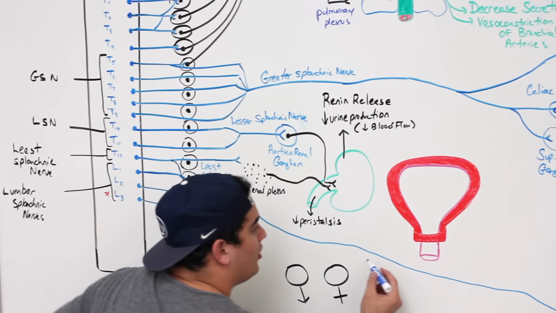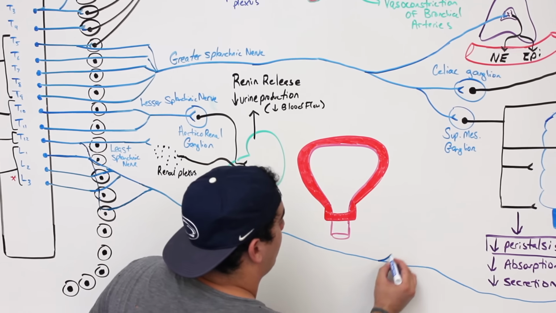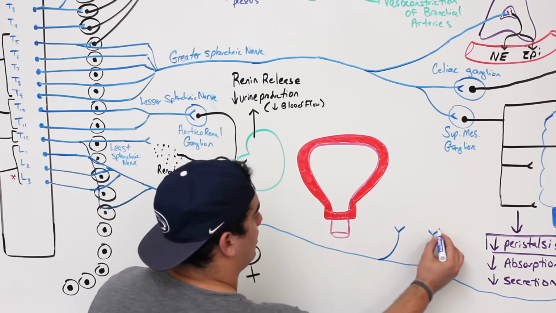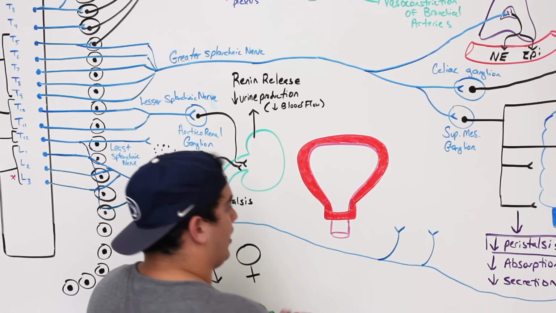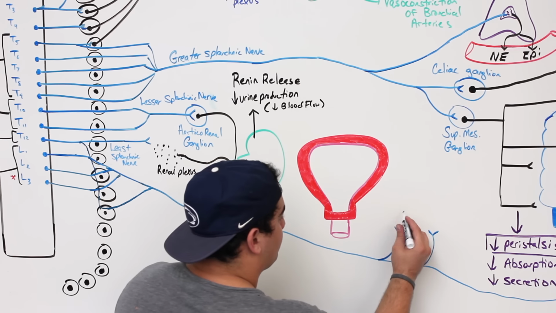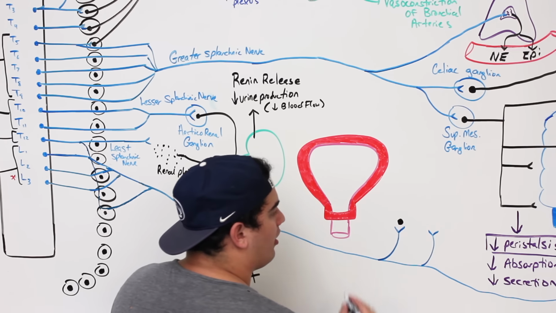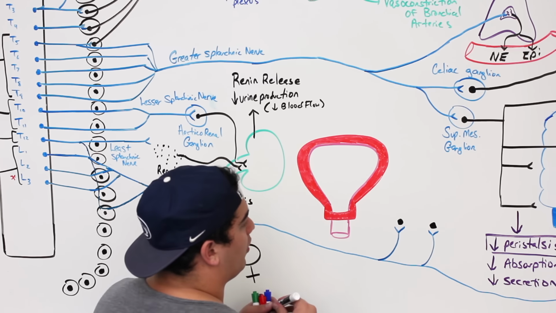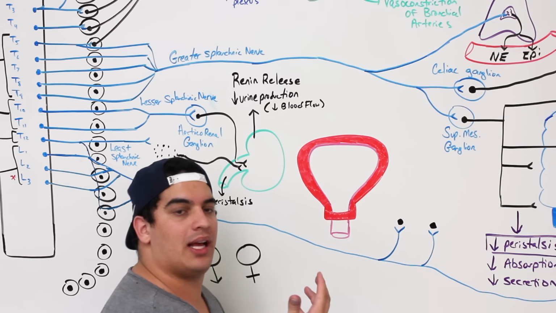And they can come to an area right over here. There are two plexi over here. One is called the superior hypogastric plexus, and the other is called the intermesenteric plexus.